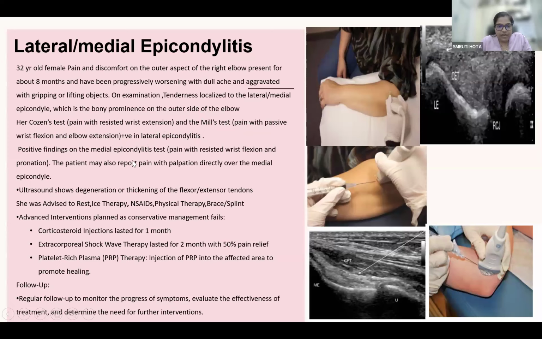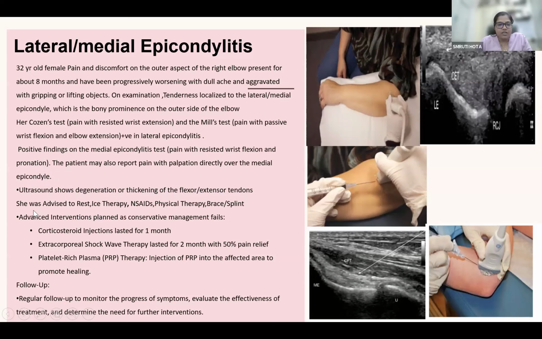And for medial epicondylitis, the test is positive when there is pain with resisted wrist flexion and pronation. The patient may also report pain with palpation directly over the medial epicondyle. And ultrasound shows degeneration or thickening of the flexor or extensor tendon.